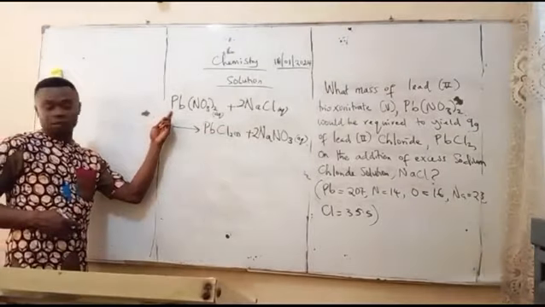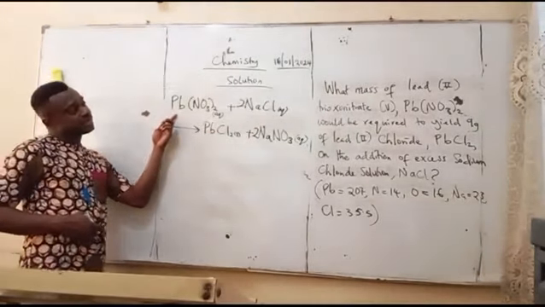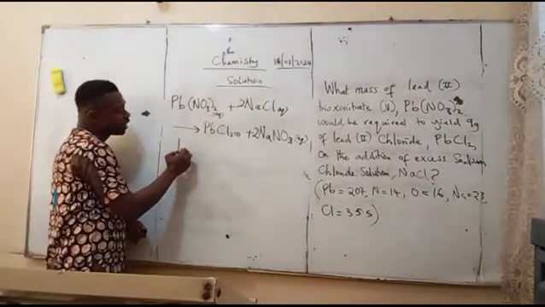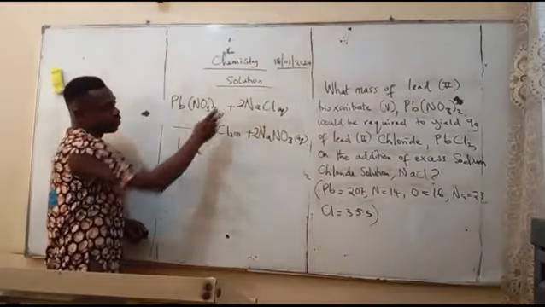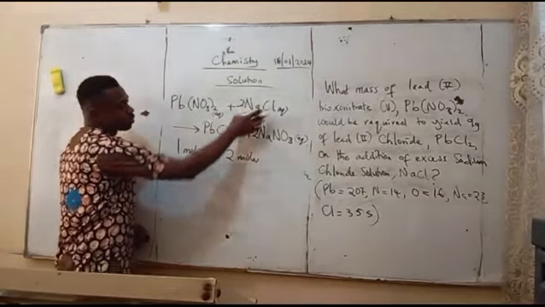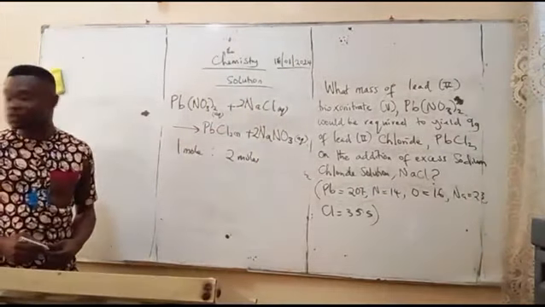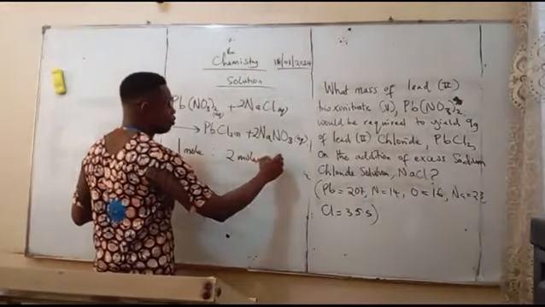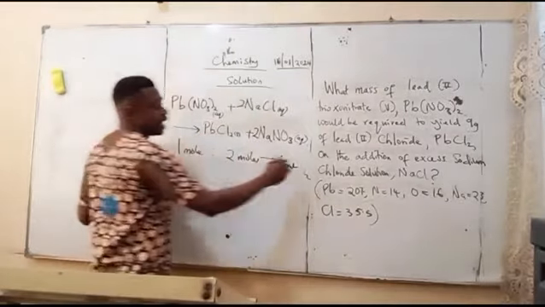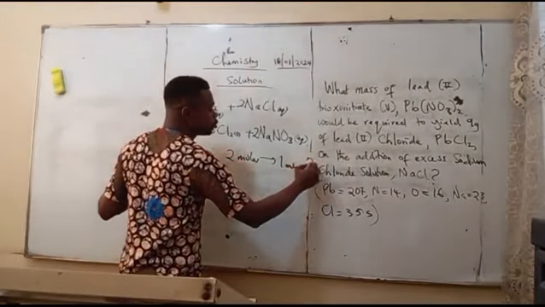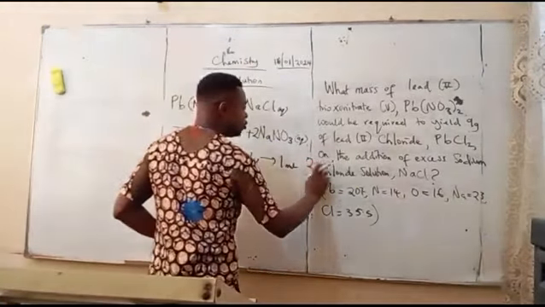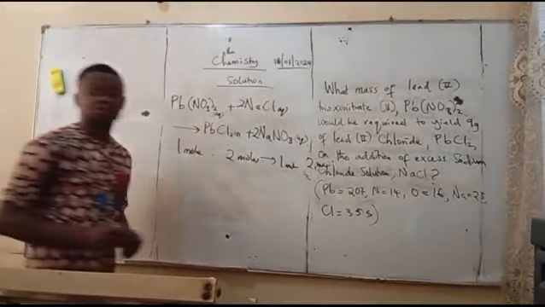Number of moles of lead(II) trioxonitrate(V) here is 1 mole, right? So 1 mole of lead(II) trioxonitrate(V) combines with 2 moles of sodium chloride solution to yield 1 mole of lead(II) chloride and 2 moles of sodium trioxonitrate(V).